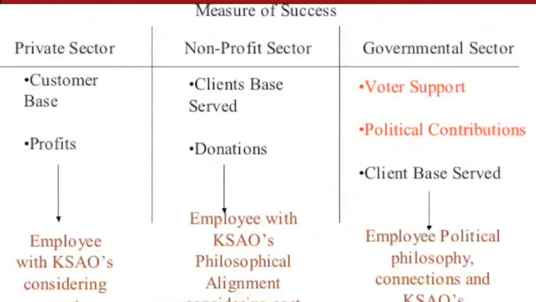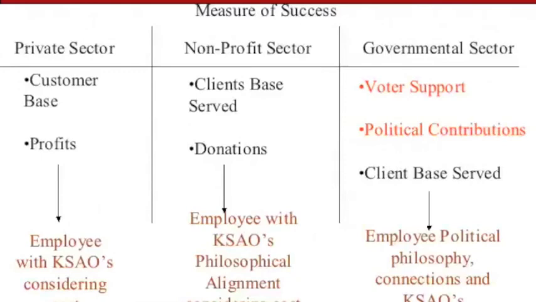Basically, remember, one of the last parts of what a human resource system does is it operates within the budgetary constraints. And so what you have to say is, I need these KSAOs so that I can increase client base and increase profits, but I've got to consider the cost of acquiring those KSAOs.